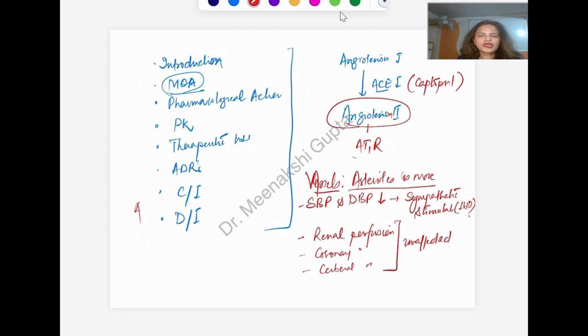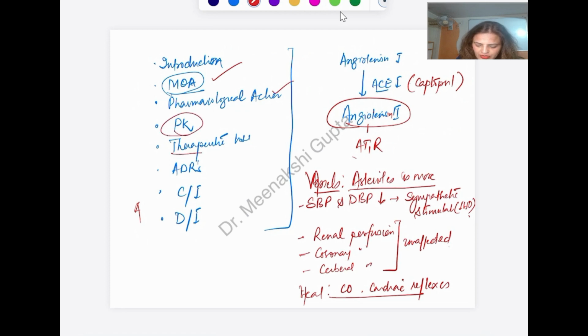Though there is a dilatation, there will be no effect on this. Nothing will happen to cardiac output or cardiac reflexes.